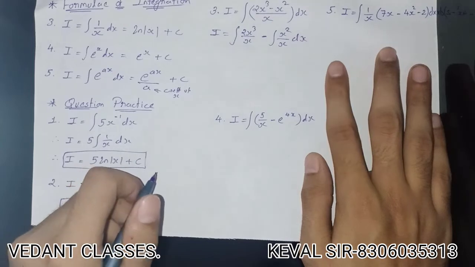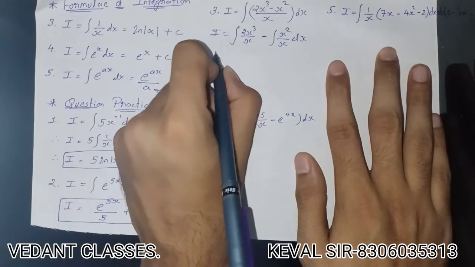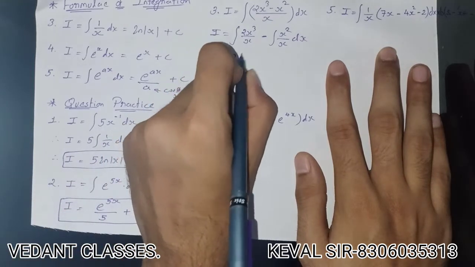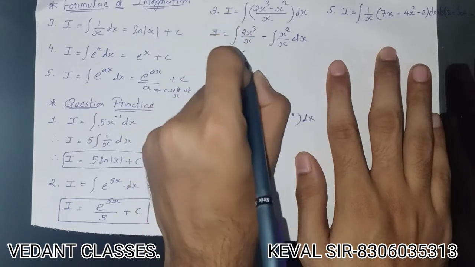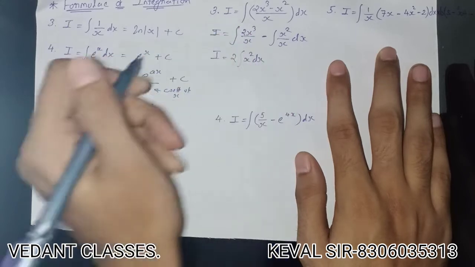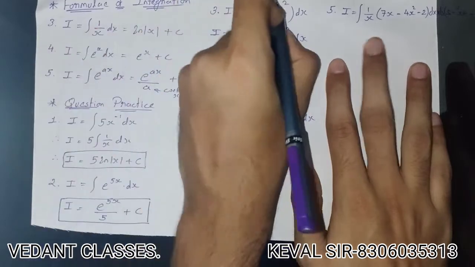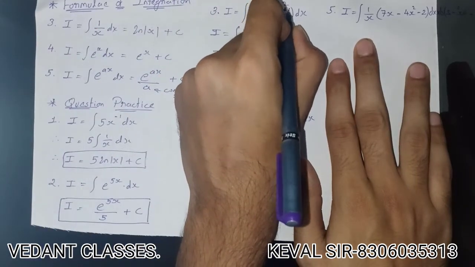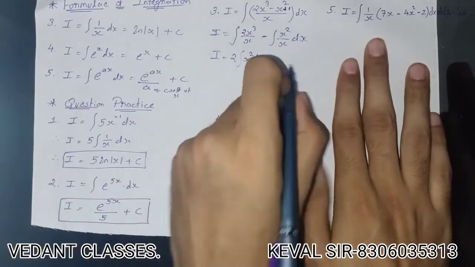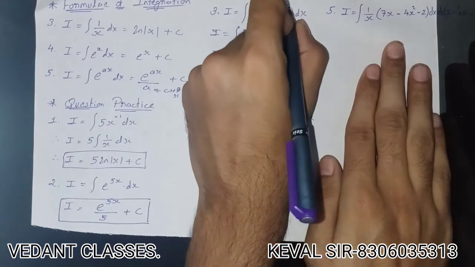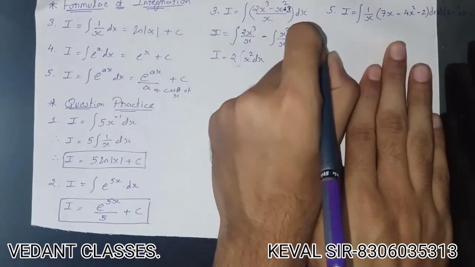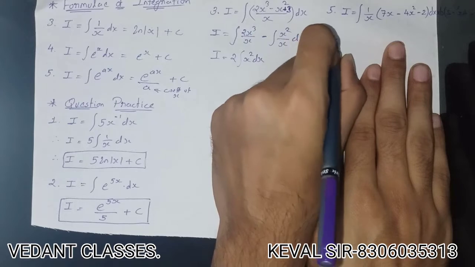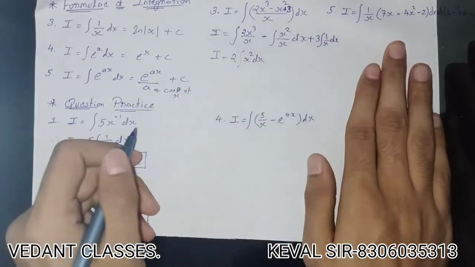Okay, so now I is equal to 2 integration of x square dx. Then let's say we take plus 1 over here. Okay, so one more term will be there, plus 3, let's say. So it will be 3 of integration of 1 by x dx. Okay, so it will look like this.